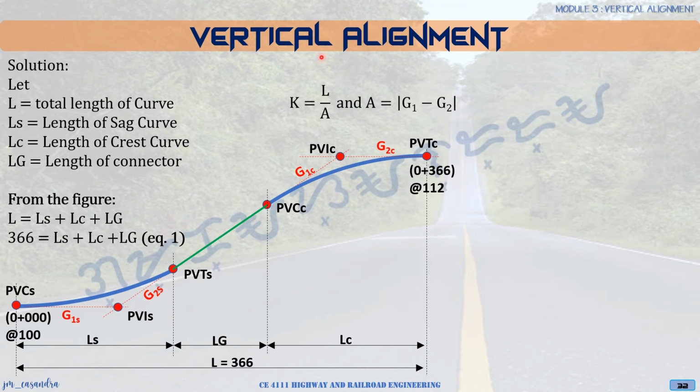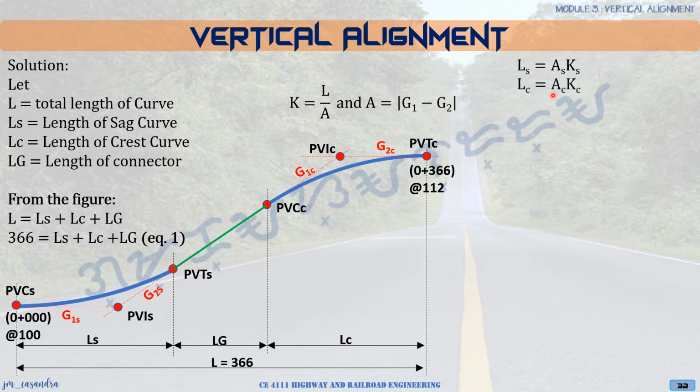So take note that K is now equal to L over A, and that the value of A is simply equivalent to the absolute value of the difference between G1 and G2. So for the sag curve, L can now be computed as A times K, or LS is equal to AS times KS.